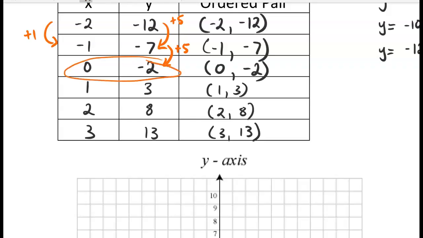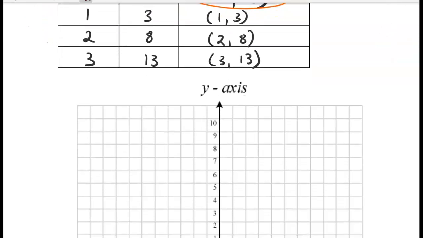So we can start with this one here, 0 and negative 2. So when x is 0, we start off looking at our origin, which is right here in the middle, 0, 0. If we start off there, x is 0 and y is negative 2.